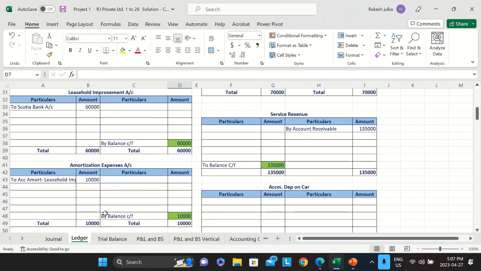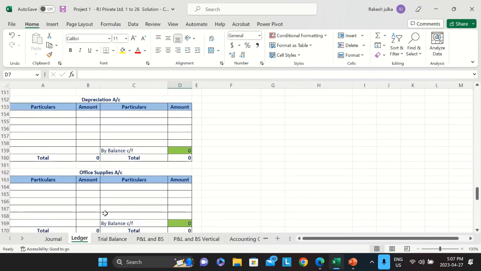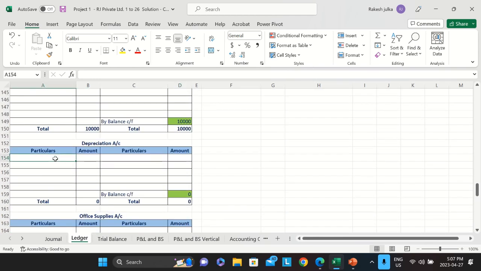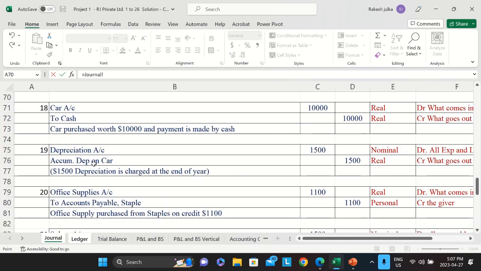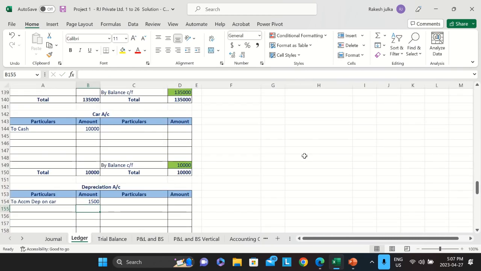Next is the 19th transaction, depreciation to accumulated depreciation on car, 1500. So this is the depreciation. Depreciation to accumulated depreciation on car, right? Here the amount is 1500, and under accumulated depreciation on car, "by depreciation".